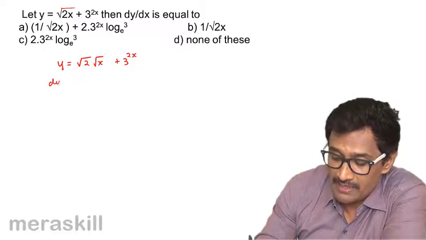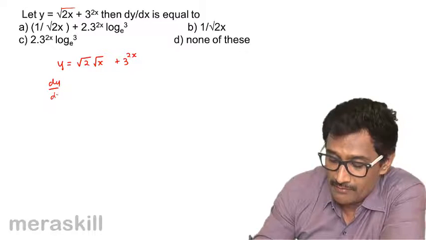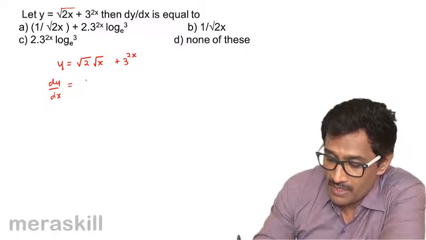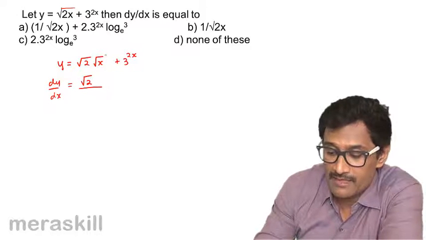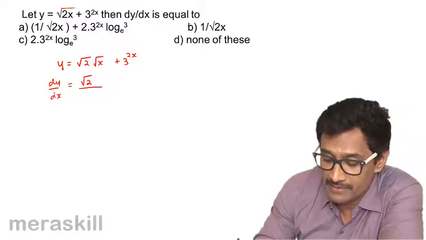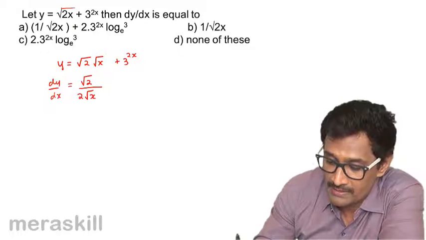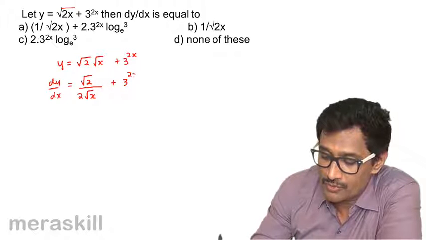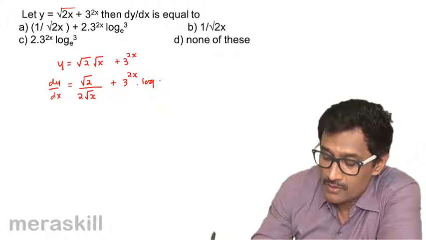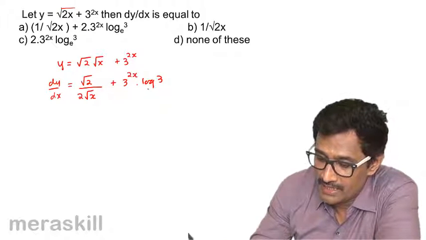So dy by dx obviously would be root 2 upon 2 root x, that is 1 upon 2 root x, since the derivative of x raised to half is half x raised to minus half. And the derivative of 3 raised to 2x is 3 raised to 2x into log 3, right?